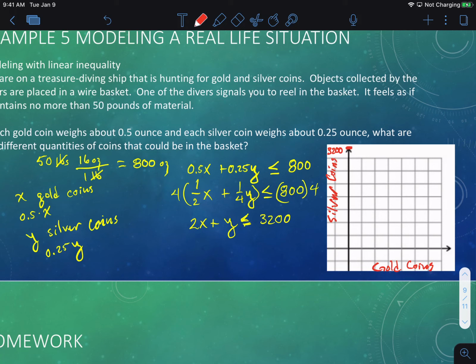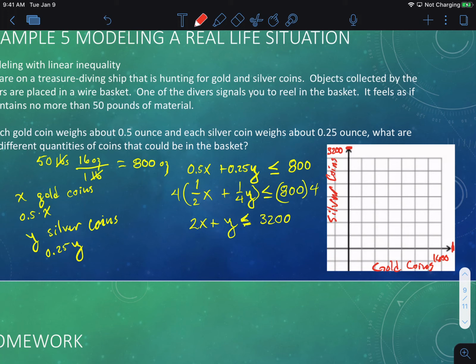You'll see why I'm doing this, but we just marked 3,200 at the very top of that graph. We're going to mark on the other side 1,600, this mark right here, and that's the number of gold coins. We're just going to call that 1,600, and that was because I had to divide by 2 with the x's.